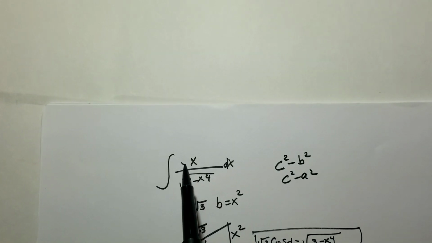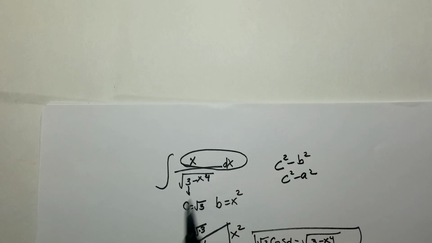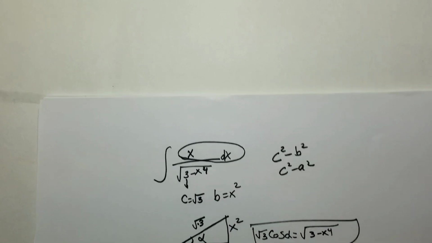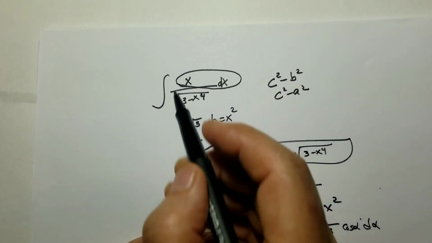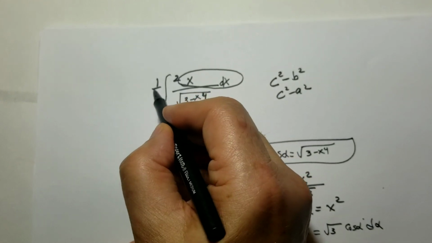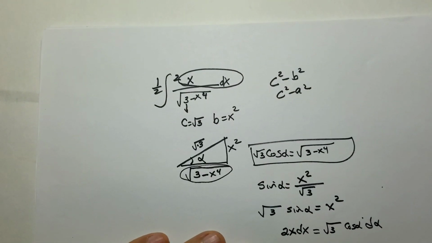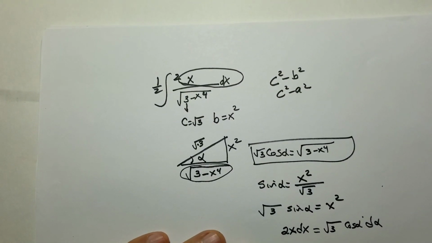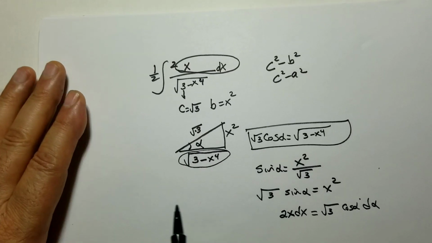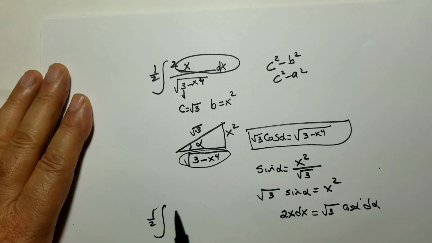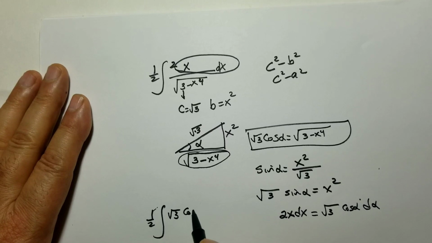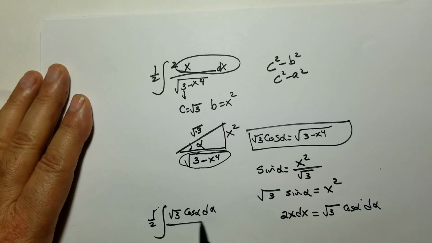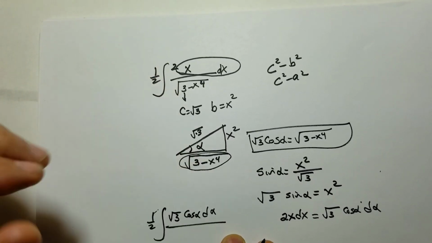See, you do have an x right here. If you add a 2 right here, that 2 and a 1/2 exactly on the top, it becomes square root of 3 cosine alpha d alpha. Therefore, you have 1/2 square root of 3 cosine alpha d alpha. That's all of them for x dx.